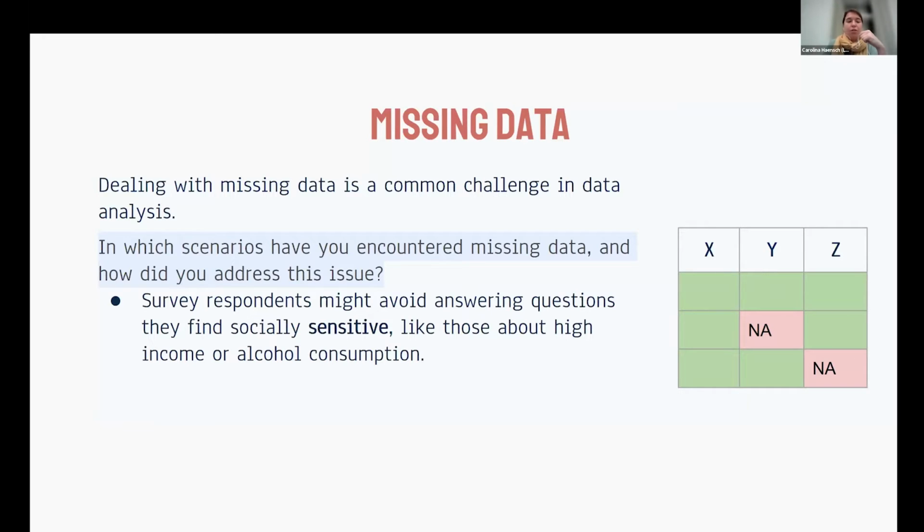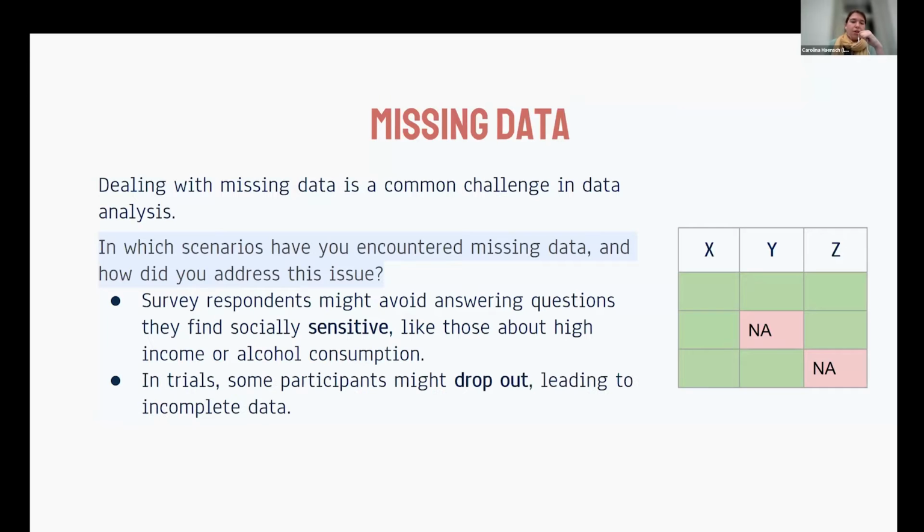So they do not want to disclose their income or, for example, alcohol consumption, but they are fine with answering questions about their sociodemographics or other attitude questions. But for some questions, they feel like, no, I don't want to answer this. And then, of course, you have missing values regarding those questions.